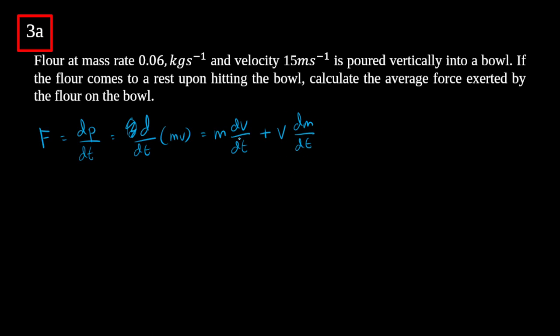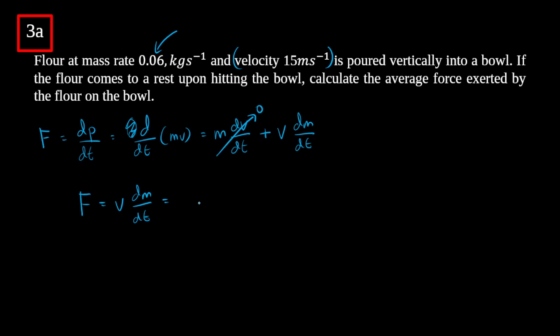so dm/dt. Now, the velocity, as mentioned in the question, is constant, and therefore this would be 0, and you're left with force equals v dm/dt, which is just the velocity multiplied with the rate of change of mass, which is information given here.